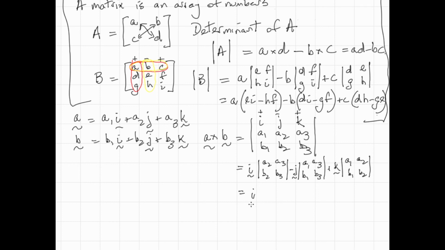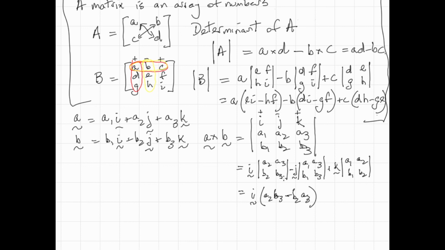We've then got i. Now the determinant of a 2 by 2 is the leading diagonal, so A2, B3, minus B2, A3.